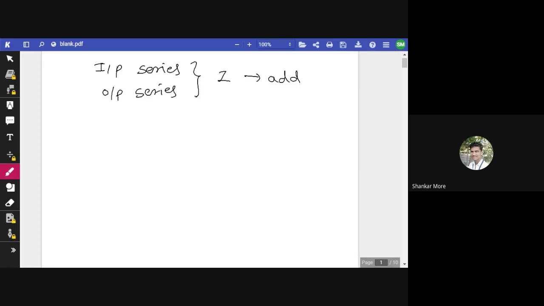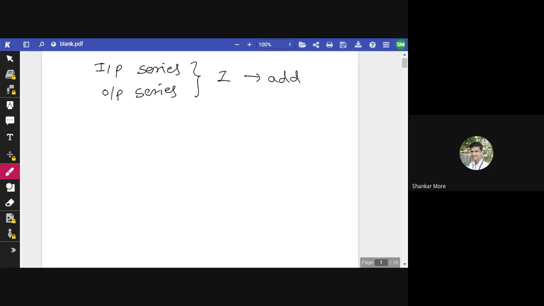But remember, when input and output are both in series, only Z parameters get added, not any other parameters. Let us suppose two networks are given in series, and you have been asked to calculate Y parameters for that network. What you will do is calculate Y parameters for one network, Y parameters for the other network, and add them? That won't work. You have to calculate Z parameters for both networks, add them, and then convert them into Y parameters. Are you getting my point? What I'm trying to tell you is you have to add Z parameters when input and output are both in series.